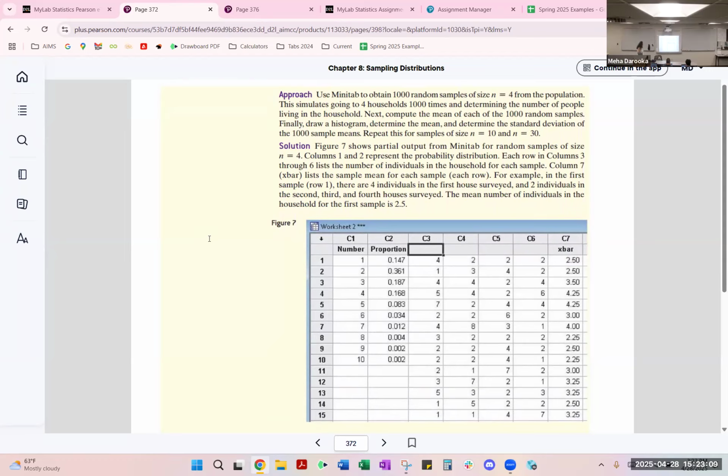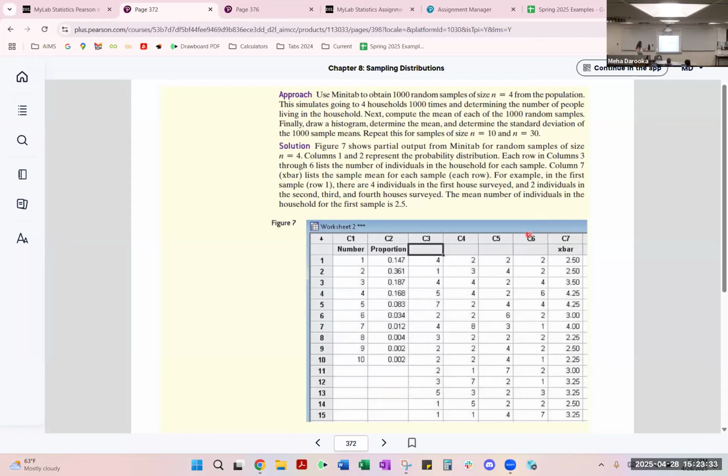They are also telling us that columns 3 through 6, these 4 columns over here, list the number of individuals in each of those samples that they did.